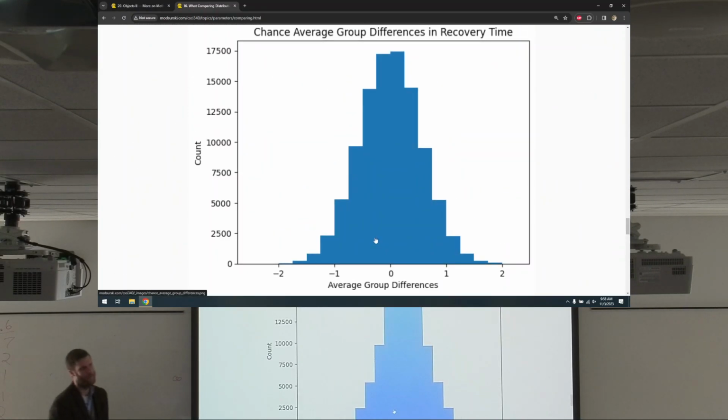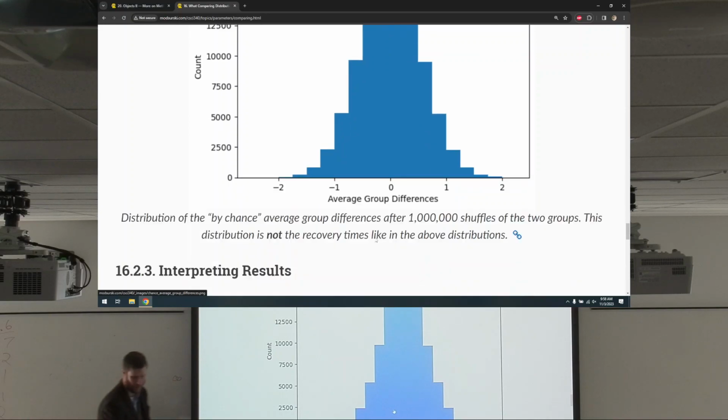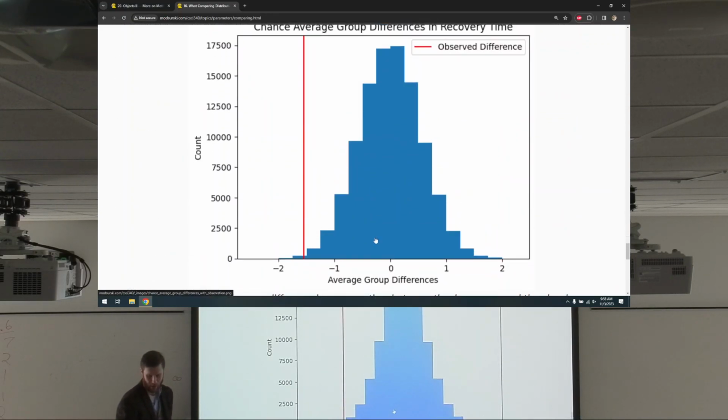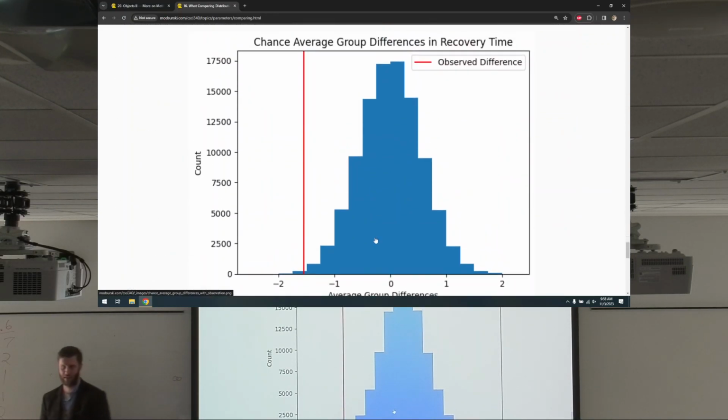I have a million observations of the dumb luck distribution. So what are the odds that I had a recovery time of 1.6 by dumb luck? Well, here's negative 1.6, because it made us recover 1.6 days faster. There's the line. The data point of 1.6 was here.